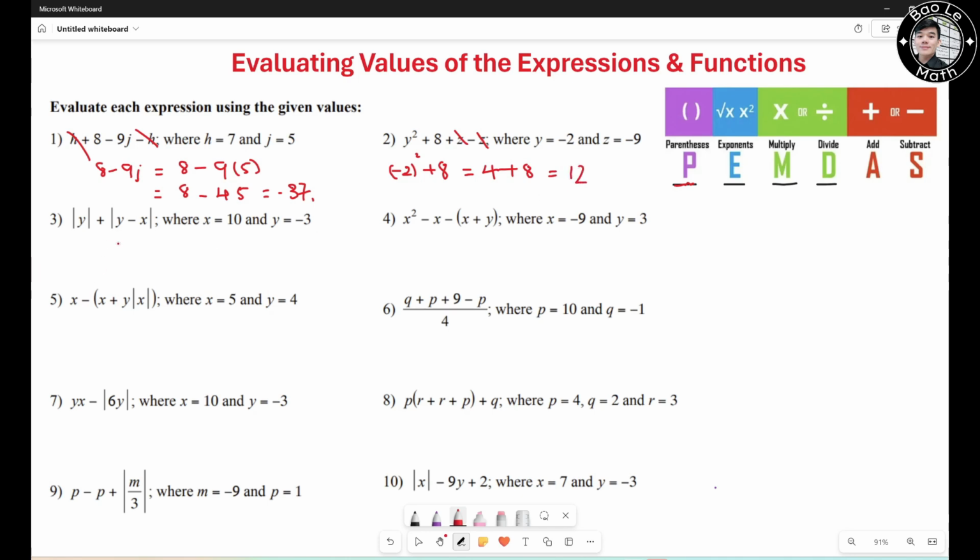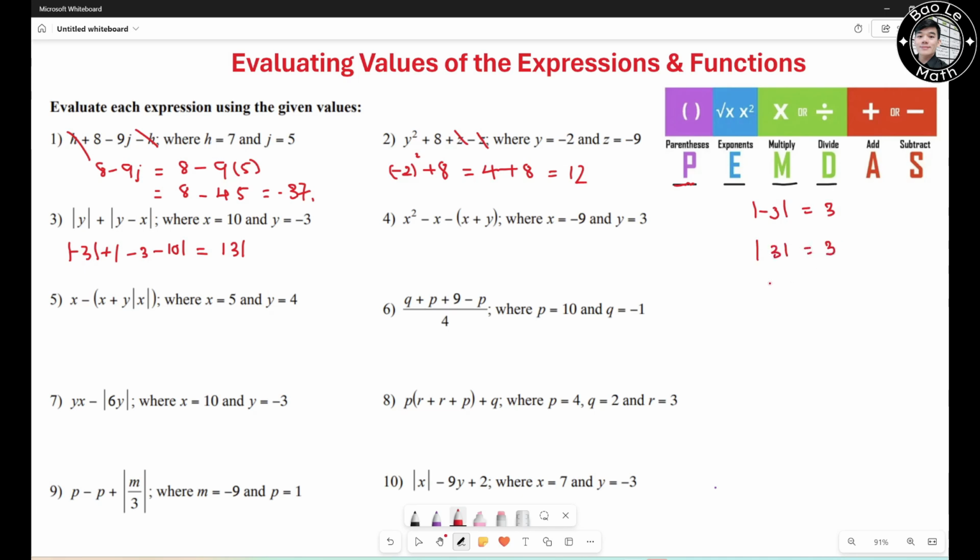Now question number 3. S equals 10, y equals negative 3. We substitute into this expression, so it's the absolute value of negative 3 plus the absolute value of negative 3 minus 10. The absolute value of negative 3 means 3. Keep in mind, the absolute value of a negative number is a positive number, so it's 3. The absolute value of a positive number is itself.